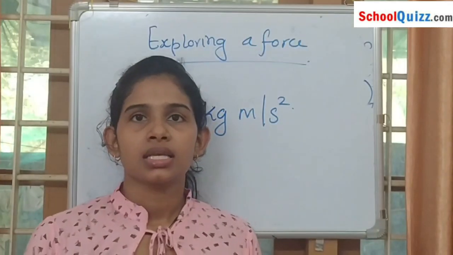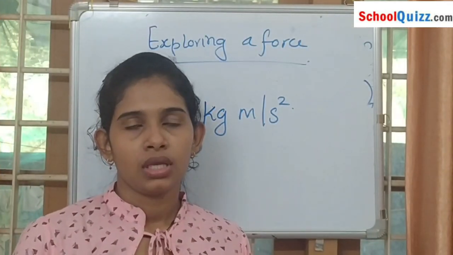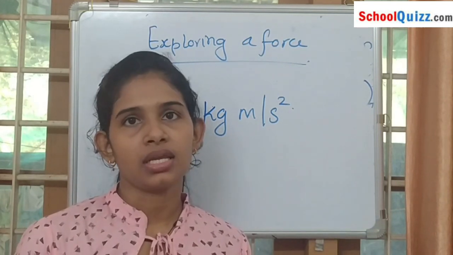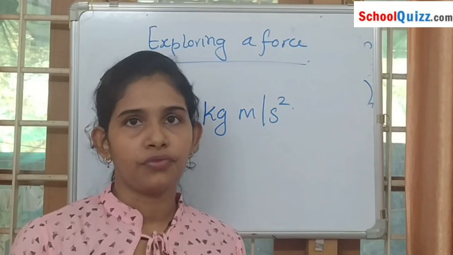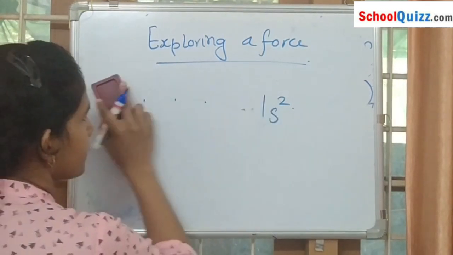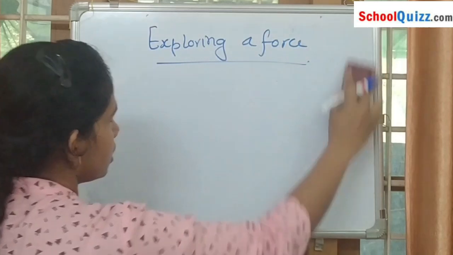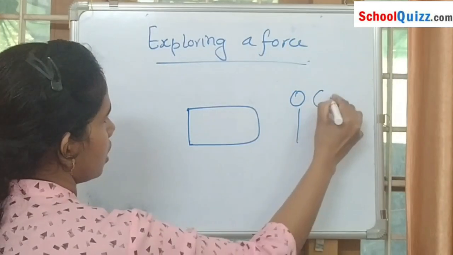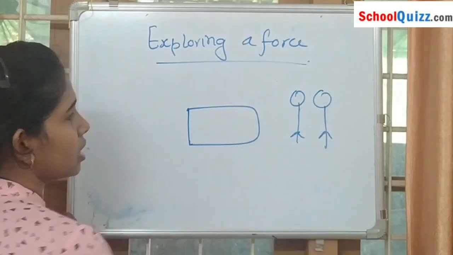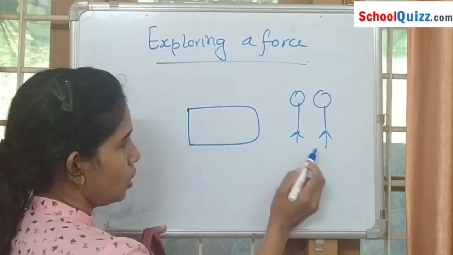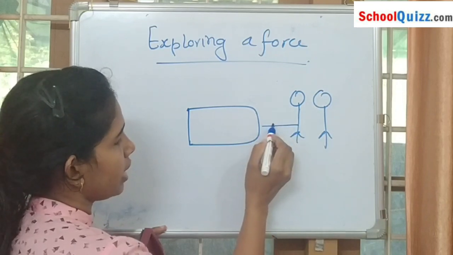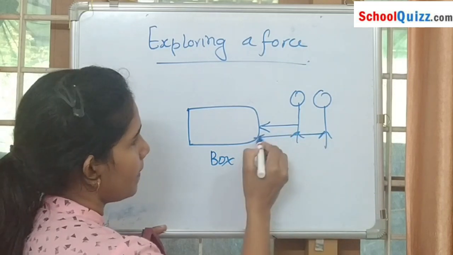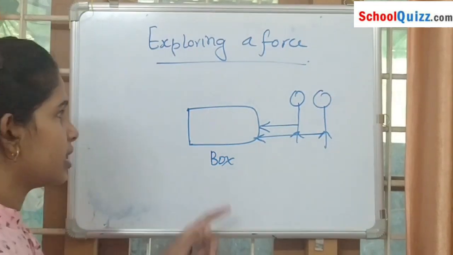Next we will discuss what is net force. If more than one force is acting on an object, what will be the net force? Consider two friends pushing this box together.